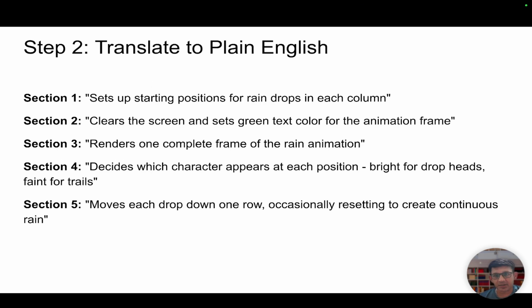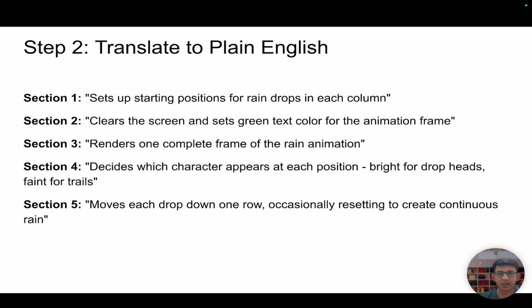Now, step 2 is to translate it into plain English. For each section, we write what it does in business or functional terms, not in technical terms. So, section 1 sets up starting positions for raindrops in each column. Section 2 clears the screen and sets green text color for the animation frame. Section 3 renders one complete frame for the rain animation.